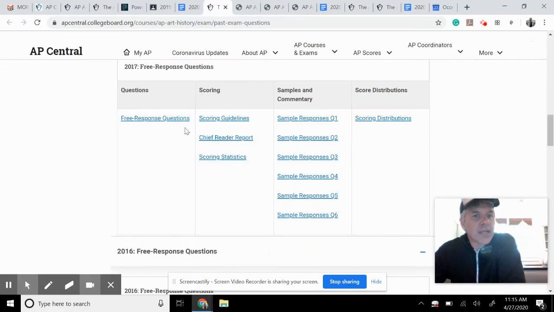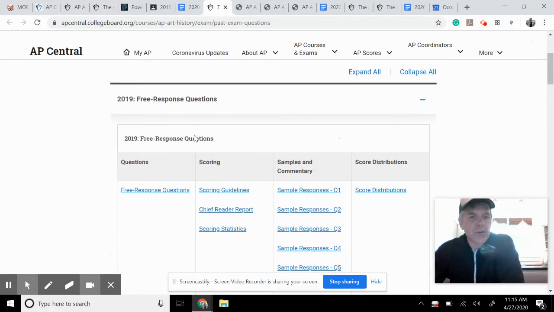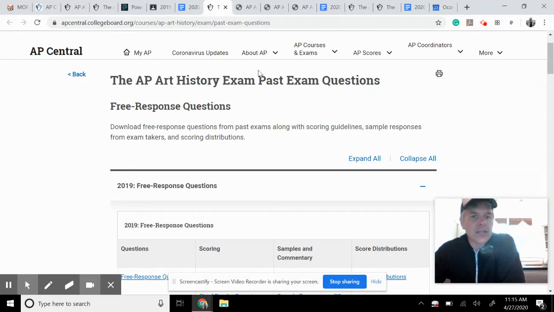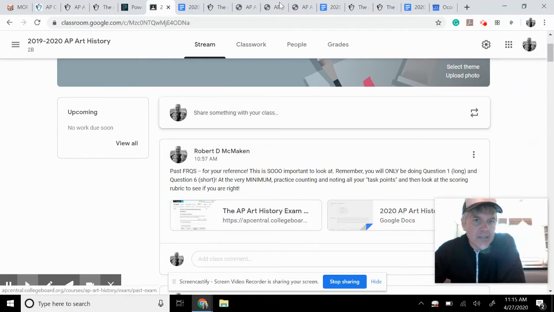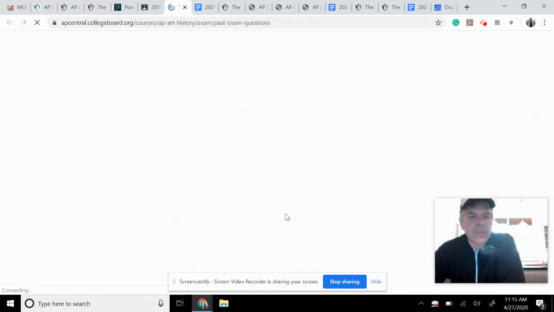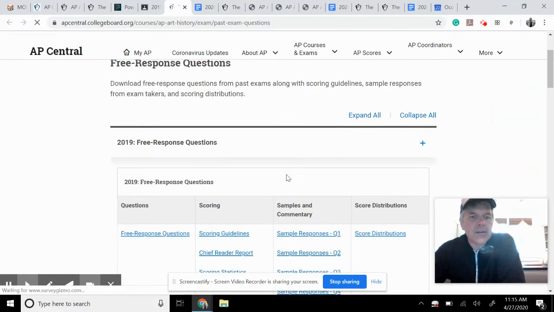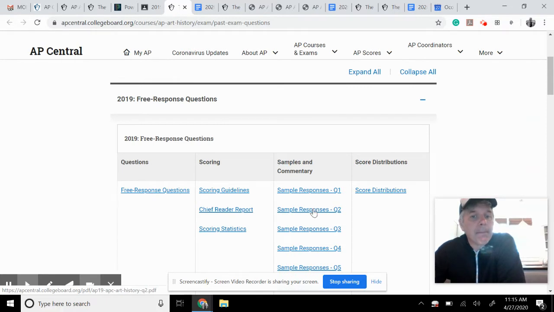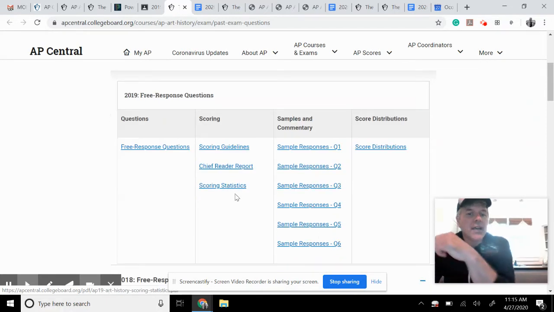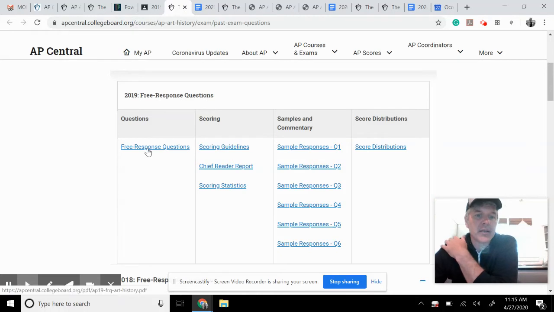But in terms of looking at past questions, this is where you go. You go to the AP Art History exam past questions, which are right here. You just click on this, and you get here. I want you to look at them, and I want you to be able to identify how many task points there are on each one. If you were already at the Google Hangout, you won't need to look at this.